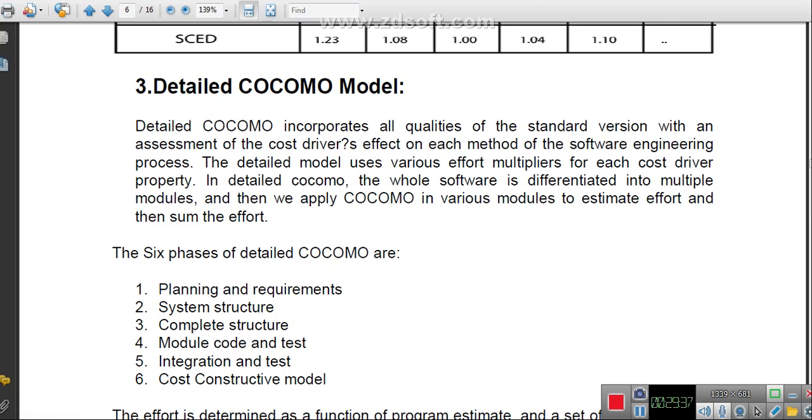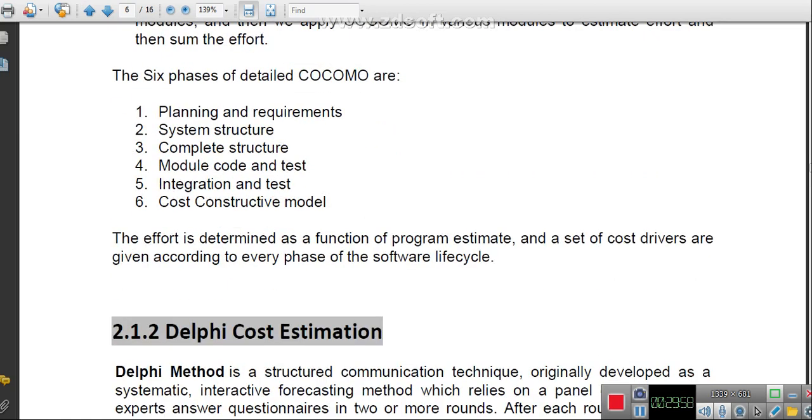So the detailed model uses various effort multipliers for each cost driver property. So in detailed COCOMO, the whole software is differentiated into multiple modules, and then we apply the COCOMO in various models to estimate the efforts and the sum of the efforts. So this way you can calculate the cost which is required to complete the particular project.